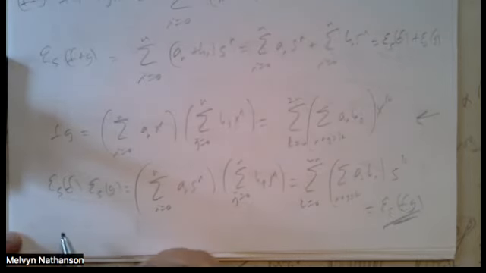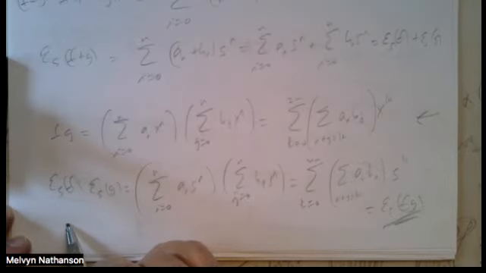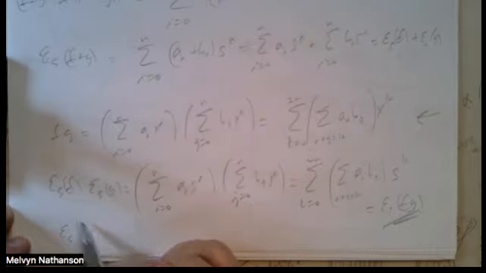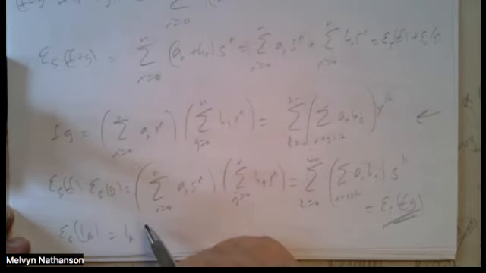And finally, if you take the constant polynomial 1, epsilon sub s of the constant 1 is just the constant 1.